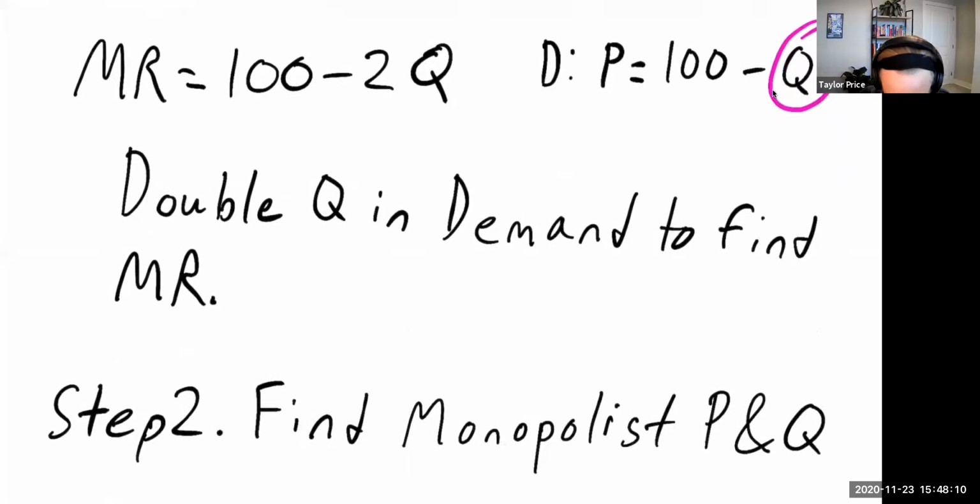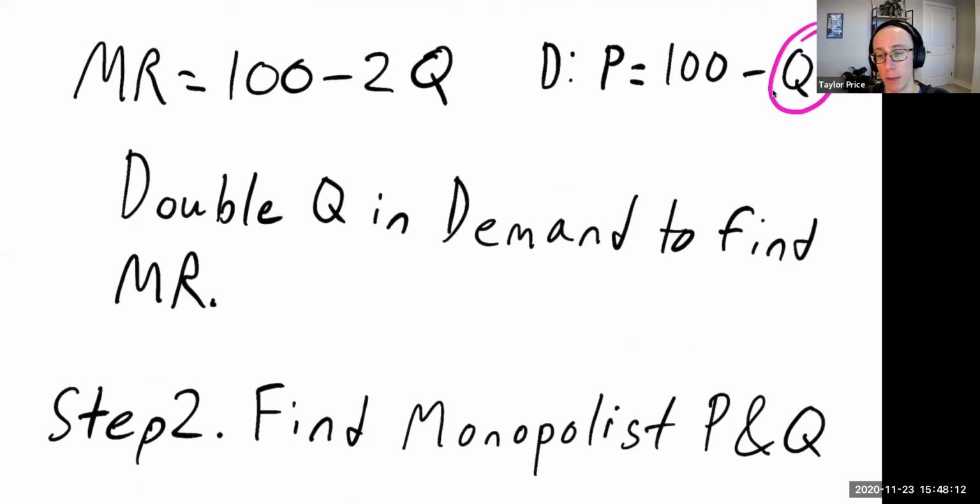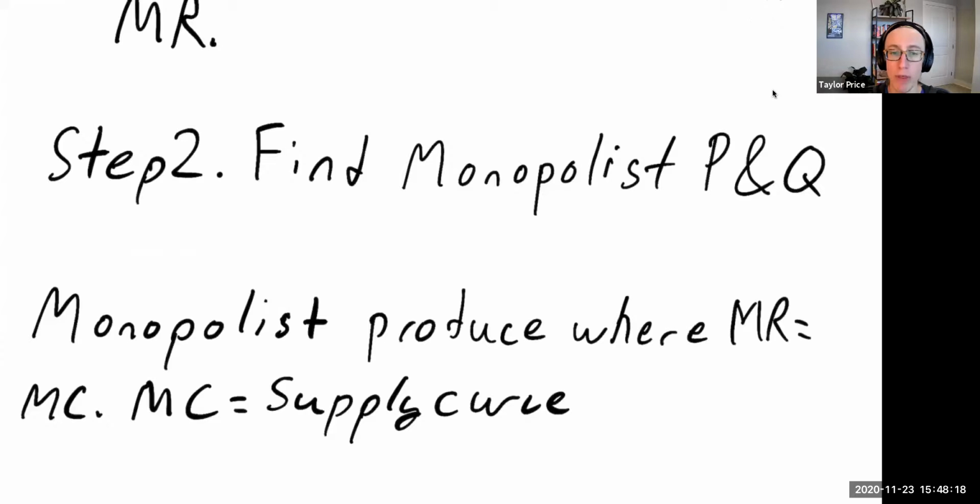So for step 2, we need to find the monopolist's price and quantity, their equilibrium price and quantity. So remember that monopolists produce where marginal revenue is equal to marginal cost. And as I already said before, the marginal cost curve is also the supply curve.